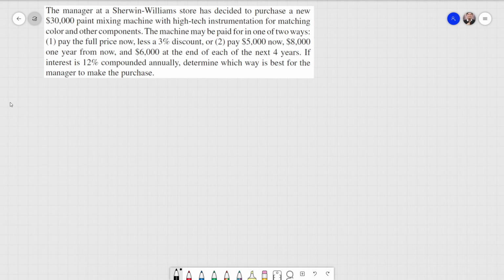So the first scenario is that magbabayad siya ng ngayon ng full price less a 3% discount. So the full price is $30,000. Ilan? So 97% na lang nung kanyang full price.